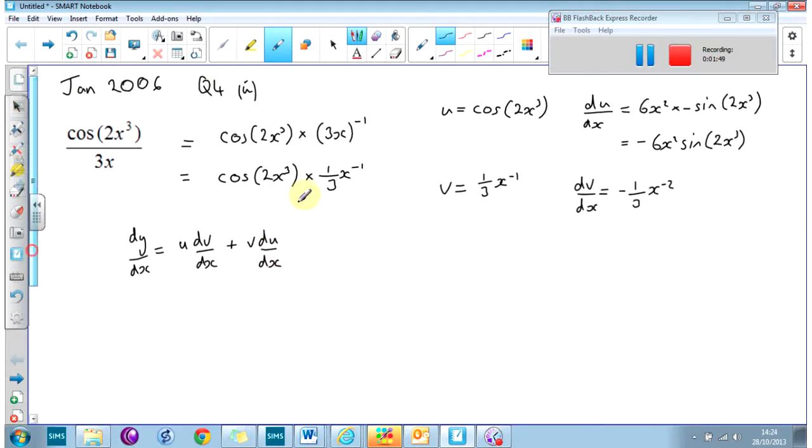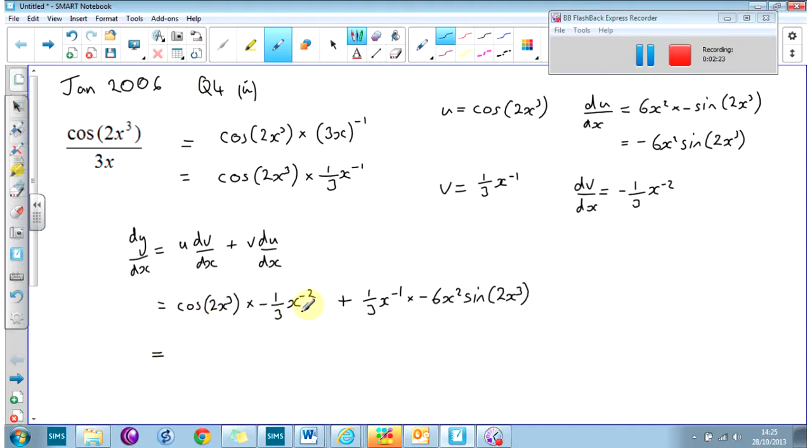And starting with the u, I've got cos of 2x cubed times dv, so that's minus 1/3 x to the minus 2, plus v, which is 1/3 of x to the minus 1, times du, which is minus 6x squared sine of 2x cubed.